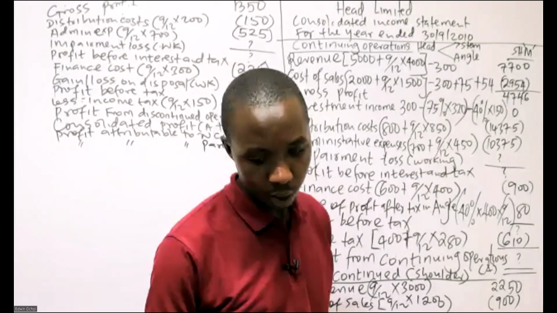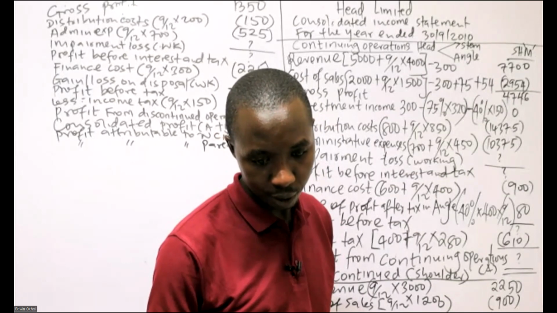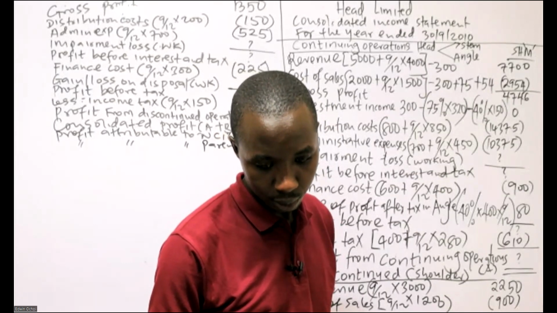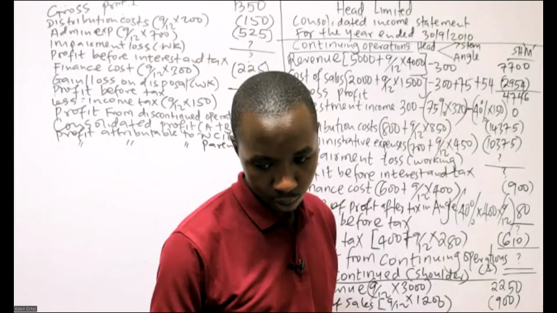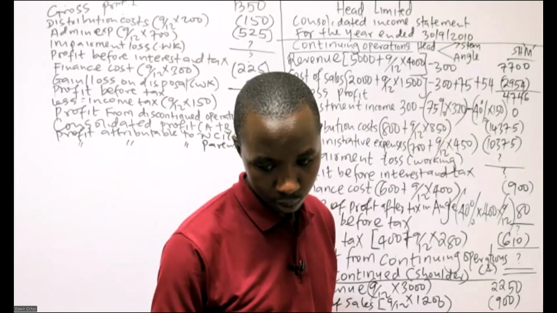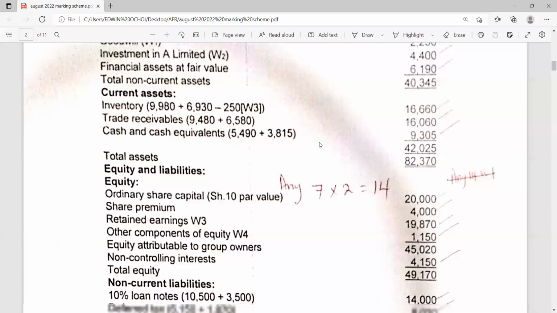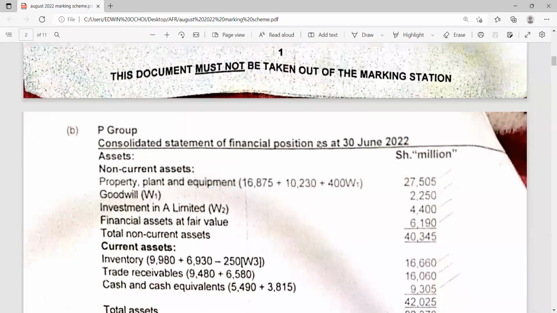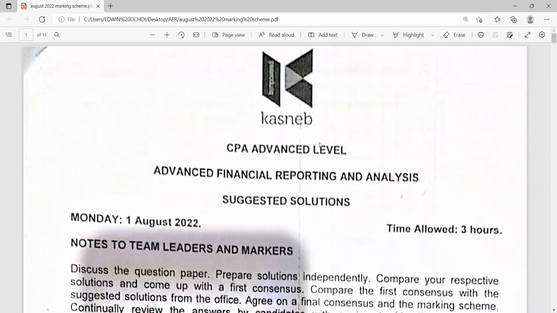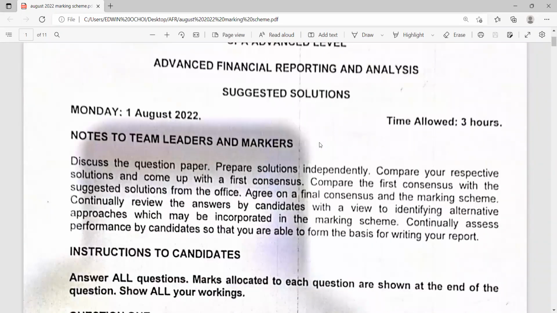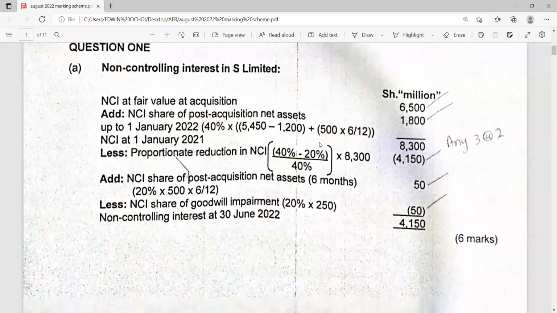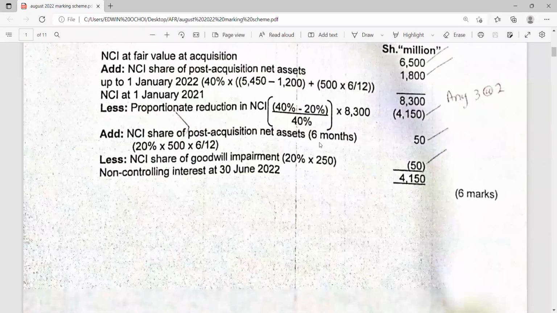So I'm trying to say that these guys who mark the exam are very fair. I think I have shared this marking scheme multiple times on your screen. August 2022. The first question was group.